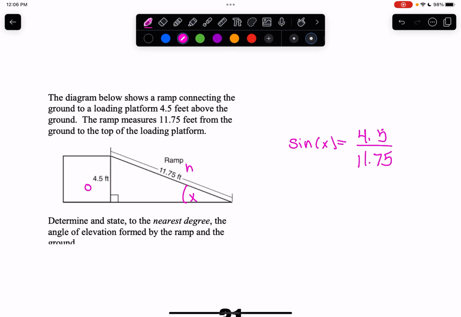So again, x is equal to sine inverse of 4.5 over 11.75. And I get x is equal to 22.5 degrees.